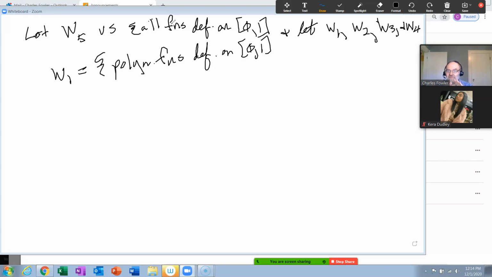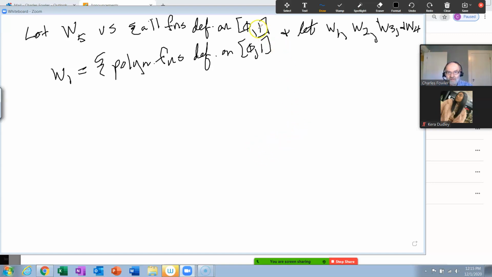Now, W5 is a set of all functions that are fine on the interval from 0 to 1. That means your function has to be defined on that interval. You're able to do it on the interval 0 to 1. W1 is a set of all polynomial functions defined on 0 to 1.